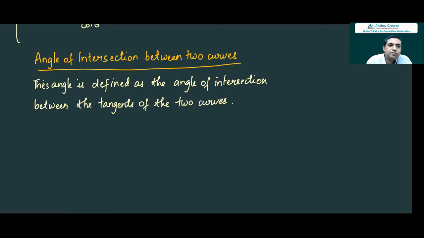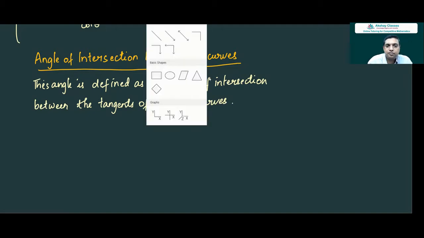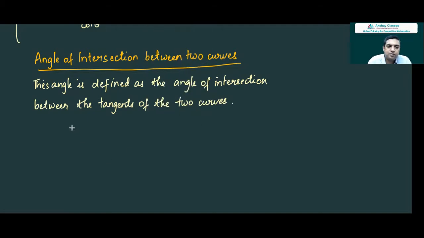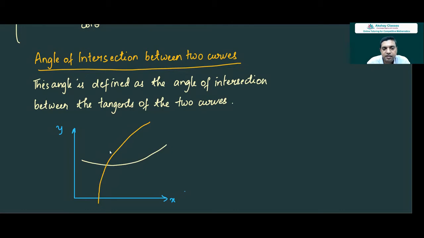So we have the first curve here, let's say, and there is a second curve like this, or like this.